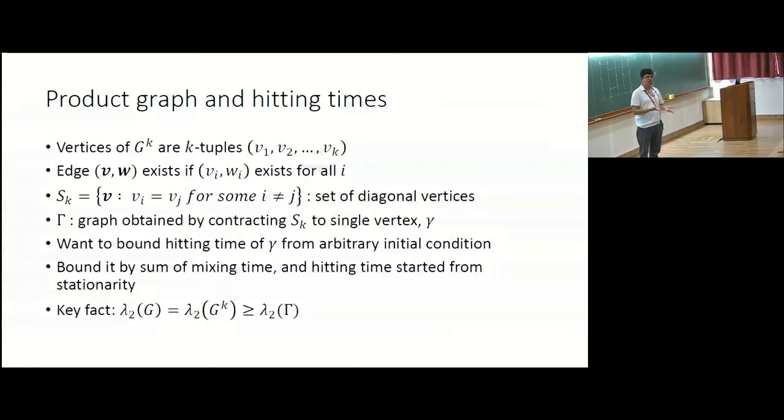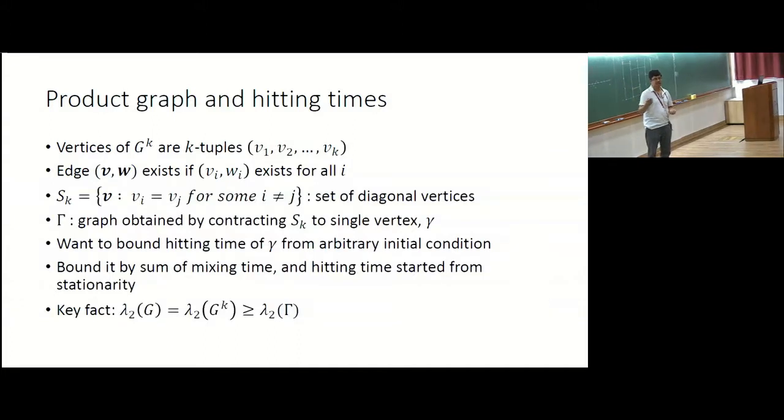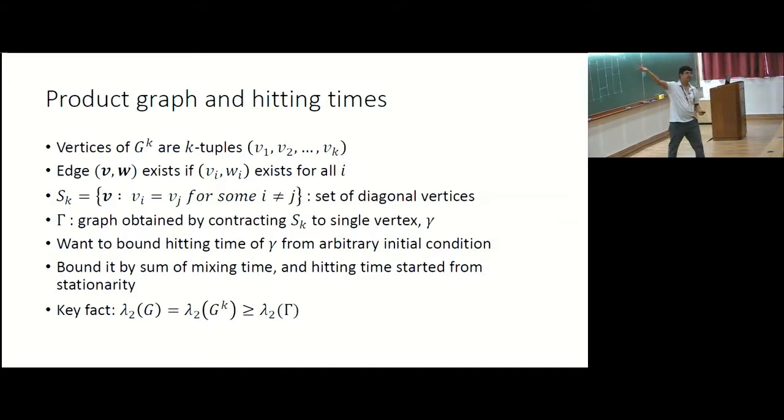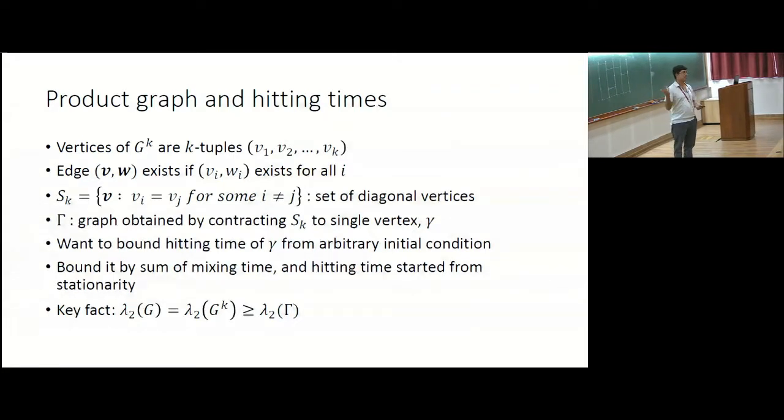And there are good bounds both for the mixing time in terms of the eigenvalue gap, and then for the hitting time started from stationarity from the work of Aldous and Fill. So they put together these bounds to get a bound on the hitting time of this distinguished vertex. Okay, so that gives you a bound then on the coalescence time or the consensus time on general graphs.